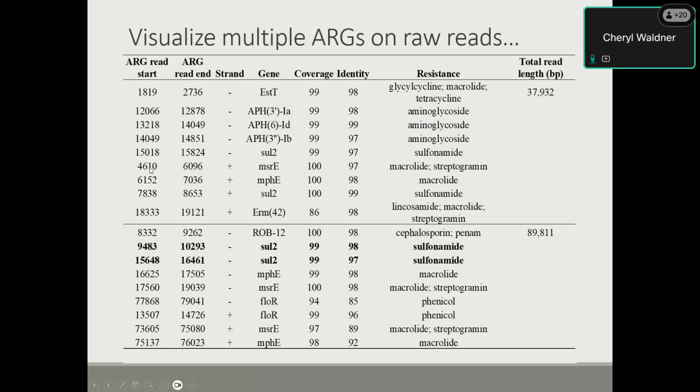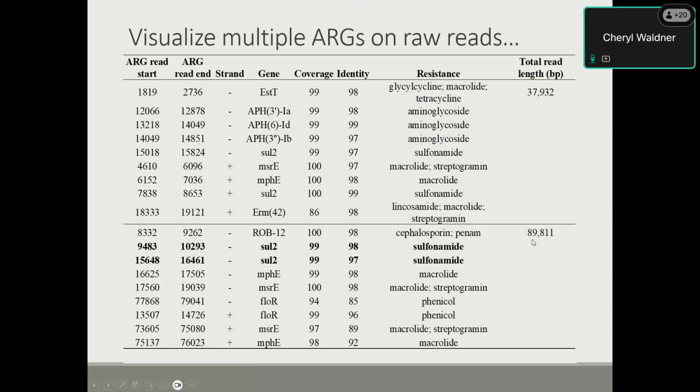These guys travel together, and we've got evidence of that here. This one ends at 6096, and the next one starts at 6152. So these guys, the MRC and MPHA, are almost always friends, and they're almost always friends with SUL2, which is a sulfonamide resistance gene, and then we've got ERM42, which is another macrolide gene.